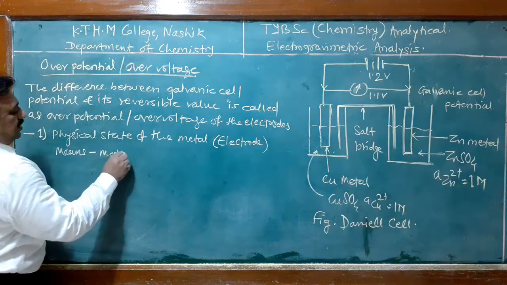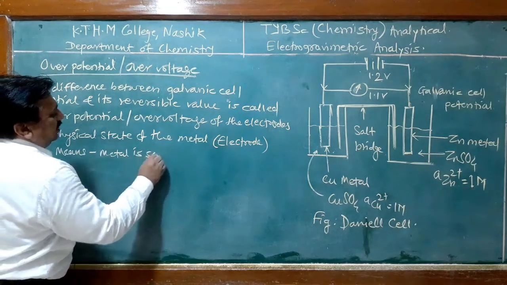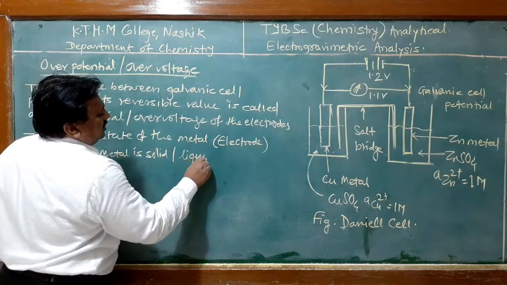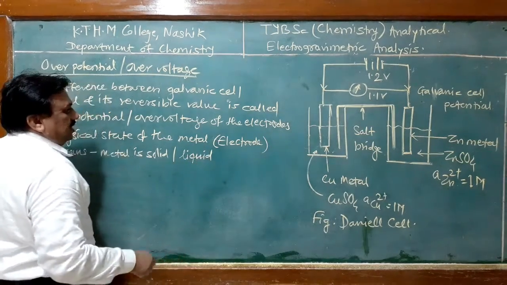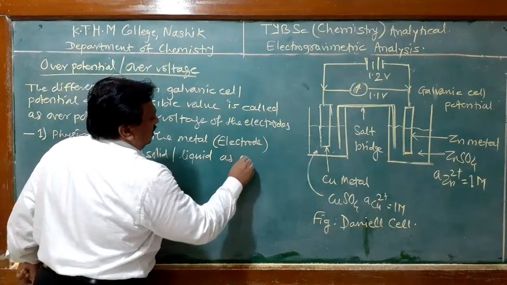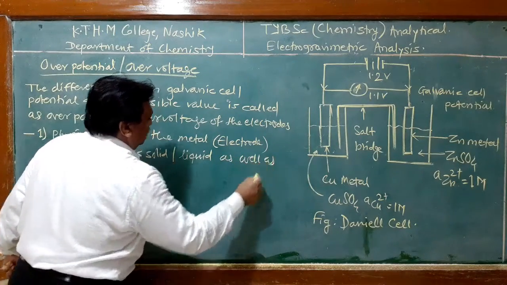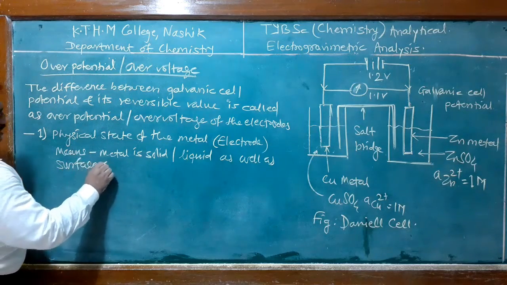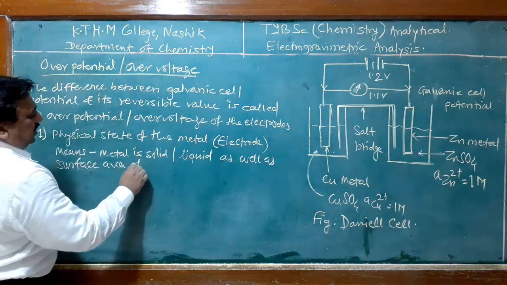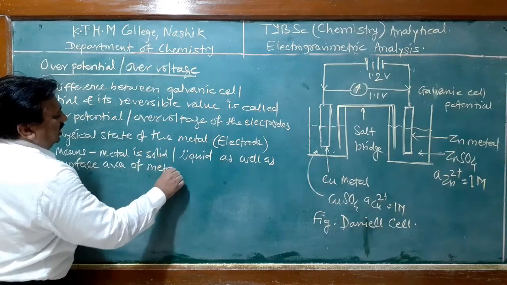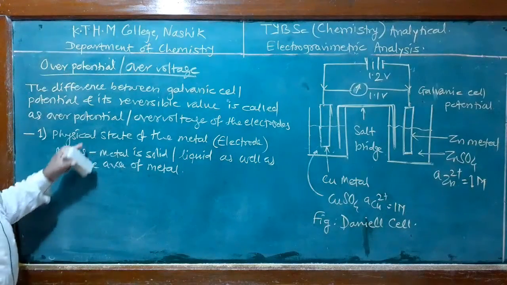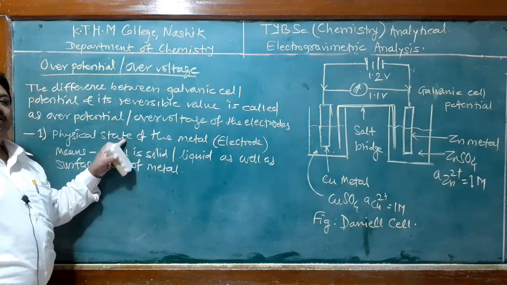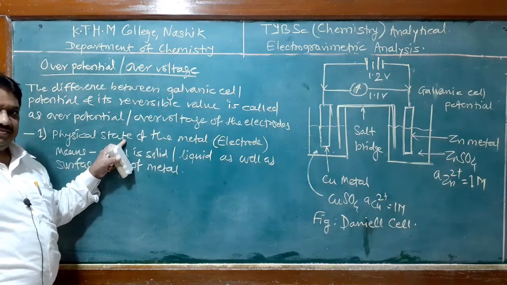Whether the metal is solid or liquid affects the overpotential, as well as the surface area of the metal. If the metal has more surface area, then overpotential is less.